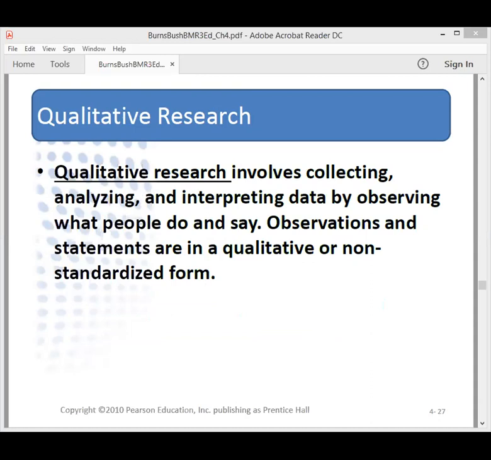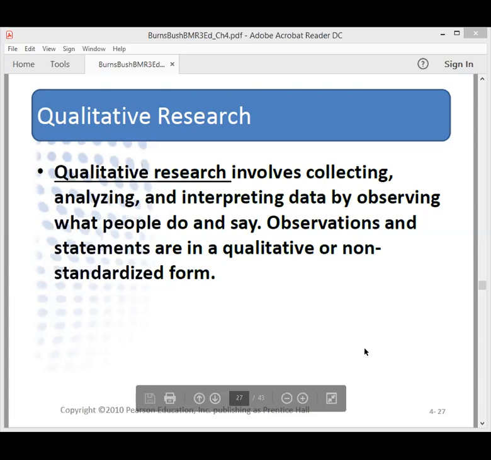You'll determine the questions you need to ask them. You'll interview them. You'll then interpret their responses to your questions. And you can gain insights into the market by doing this. So qualitative research is another type of marketing research.